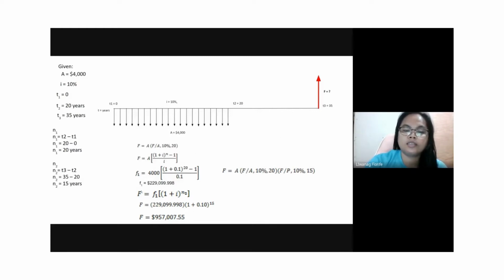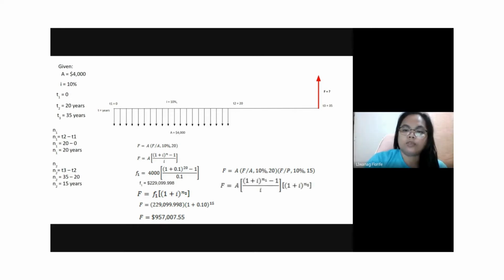Or, simplifying this solution, we could use the formula F is equal to annuity times the uniform series factor at 10% rate and 20 years, times the unit present worth factor at 10% and the duration of 15 years.